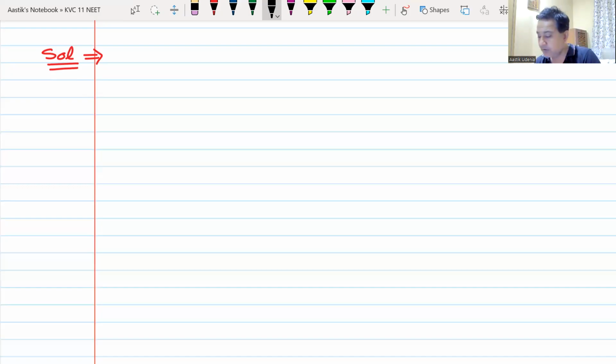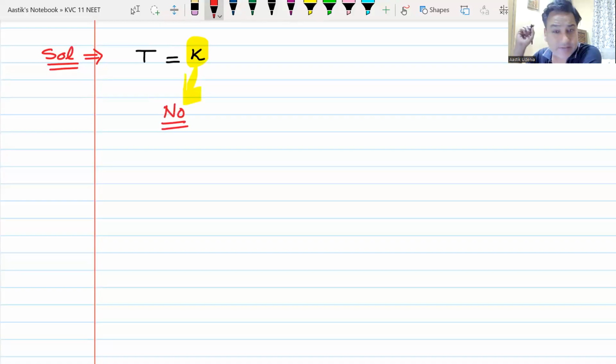Now, having said that, let us see how we are going to solve any question which comes in this category. So now I have to find out a possible formula for time period. So I can write this time period T as equal to some K. Now this K is a constant and this K is a number. Remember, I cannot find out the value of this K using dimension analysis.